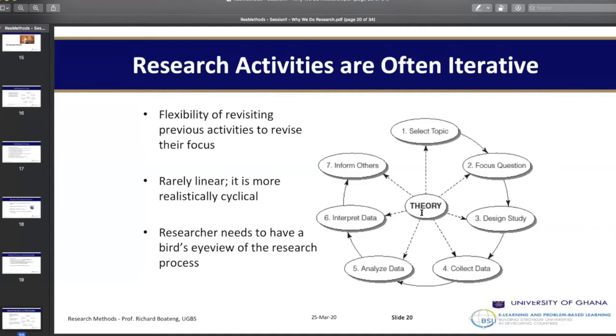Otherwise, you struggle. Now, somebody is asking me a question: is the research design different from the methodology? The design is part of the methodology. In fact, the methodology is the science of the methods you are going to use in collecting your data, the choices you are making, and why you are making those choices. So the methodology consists of the research methods you have chosen. That's why you have a chapter called methodology chapter.